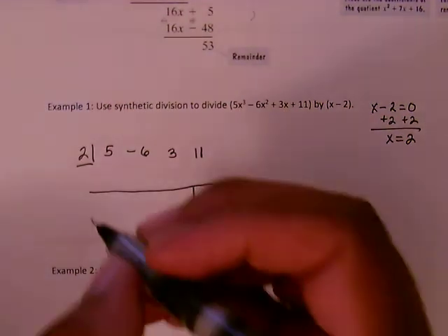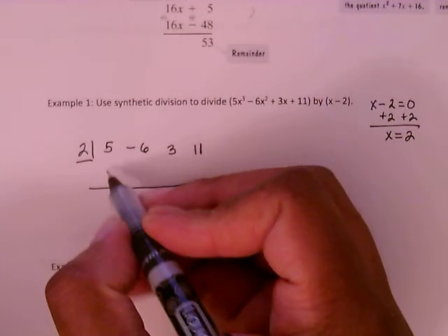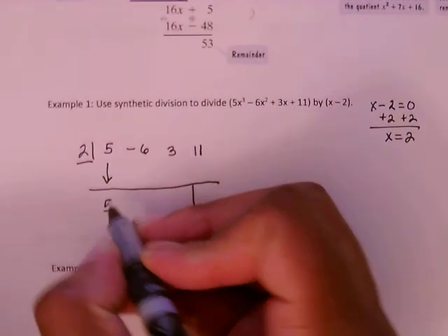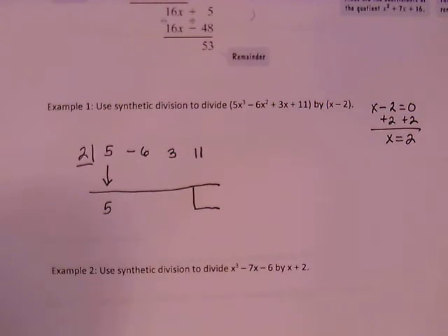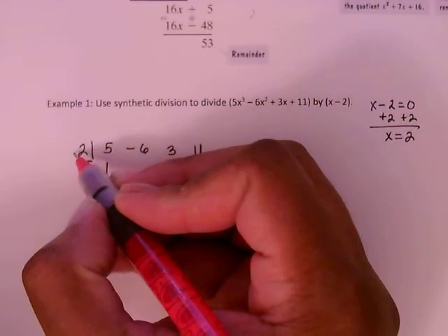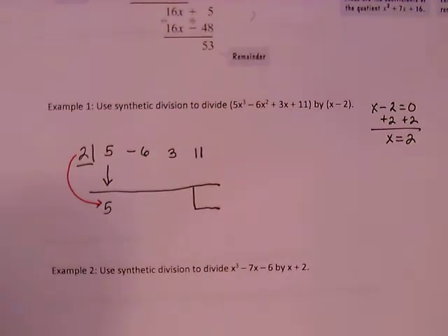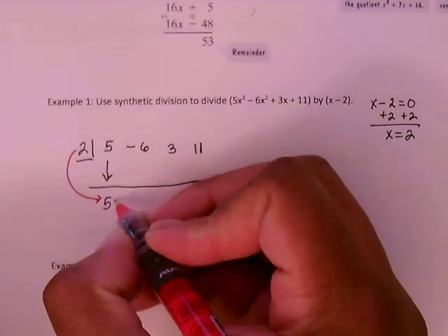Okay? So the first step is to bring down the leading coefficient, which is your 5 for this problem, in the bottom row. And then I'm going to multiply this 2, which is my divisor, times the number in that bottom row, which is your 5. So I'm going to do 2 times 5, that's 10.